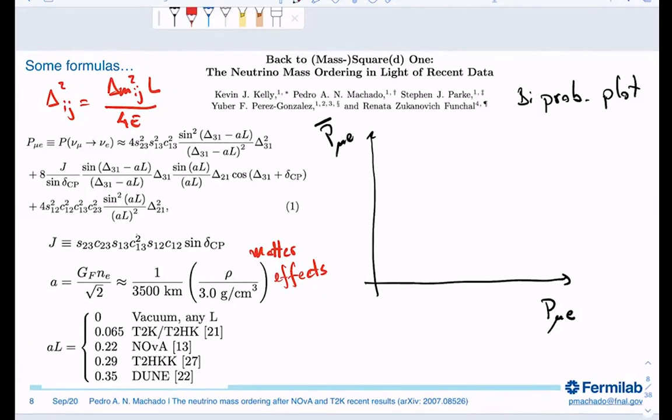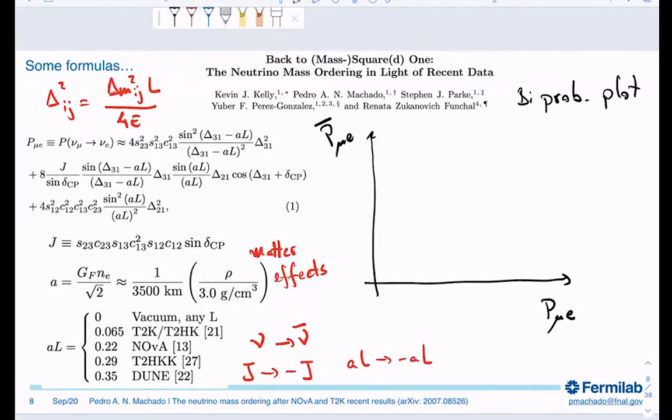When you change neutrinos to antineutrinos in this formula, your J goes to minus J, so the sine of delta changes sign, and AL goes to minus AL.